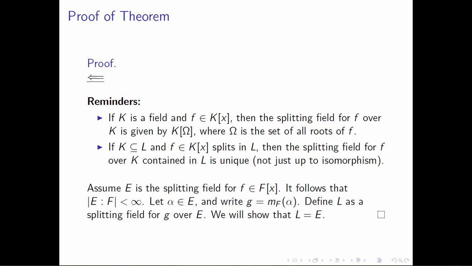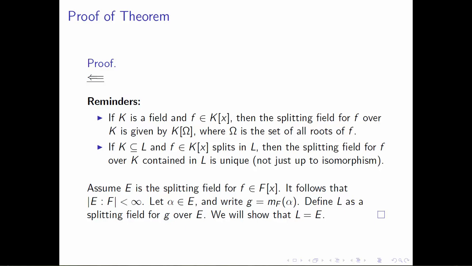So the rest of what we need to show is we need to pick an arbitrary element of the field E, and we need to show that its minimal polynomial over F splits inside of E. So here's what we'll do. Let's write g for the minimal polynomial over F of alpha, for alpha an arbitrary element in E. And let's define L. We can take this polynomial g, it has coefficients inside F, but F is contained in E, so we could think of the polynomial g as living inside of the ring E adjoined x.